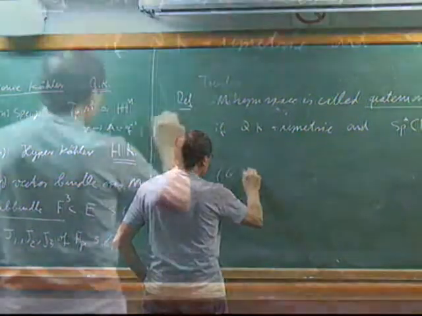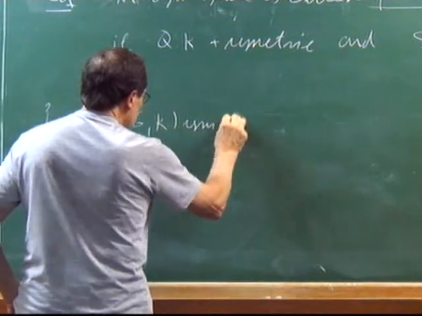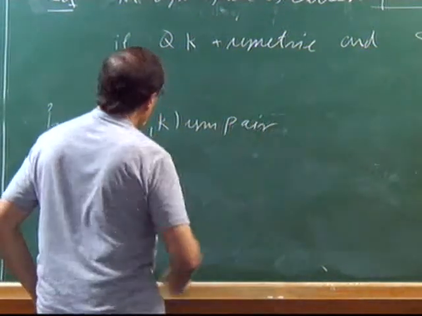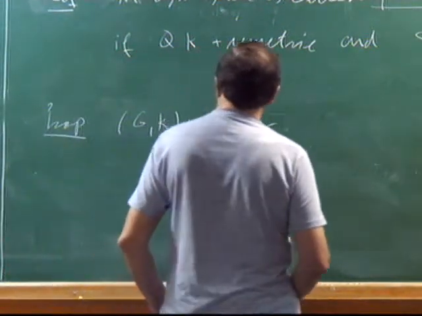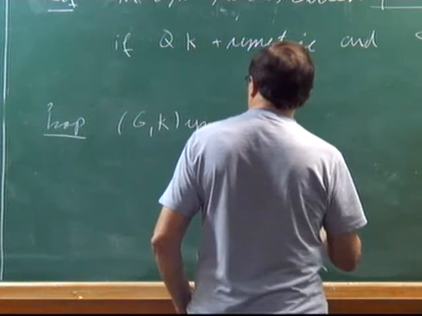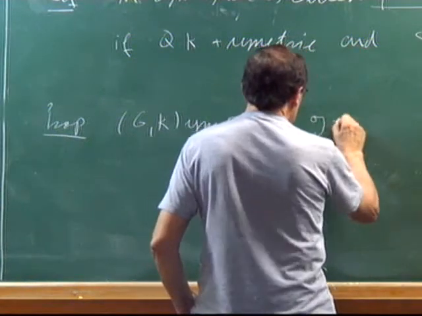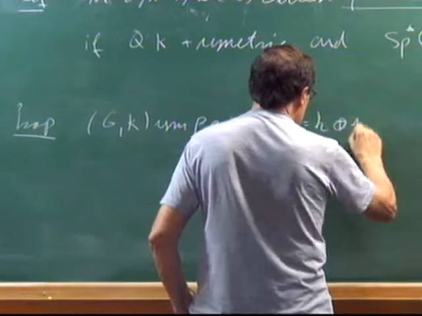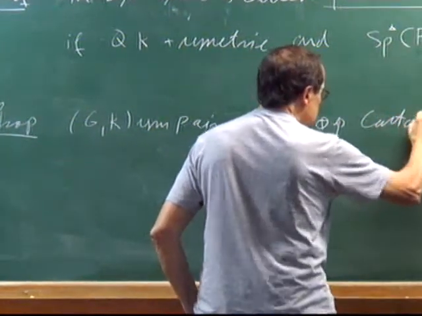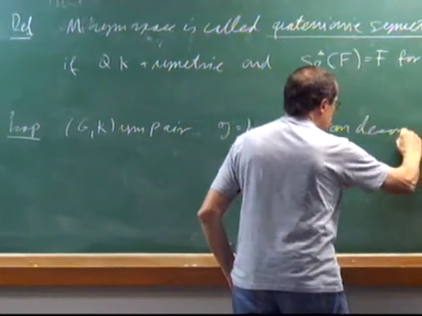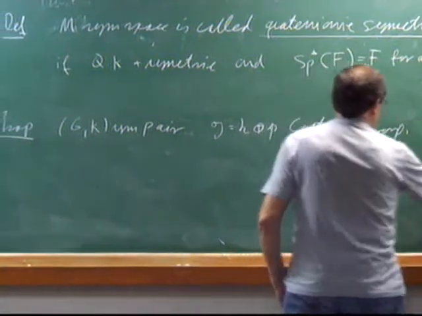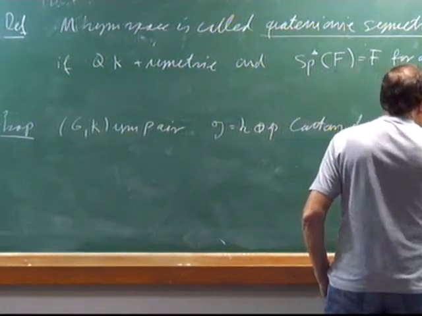Let (G, K) be a symmetric pair, and g is equal to k plus p, my Cartan decomposition. p usually identifies with the tangent space at my foot point.